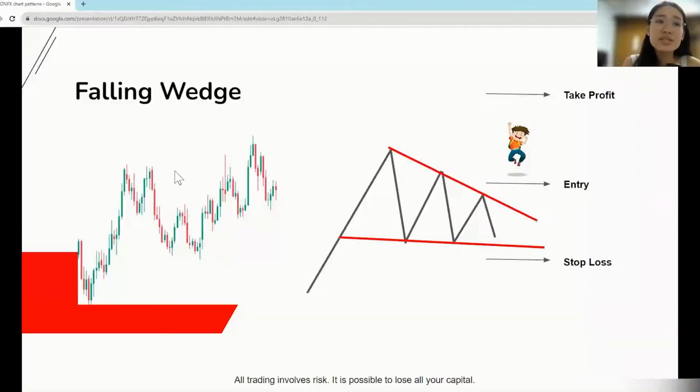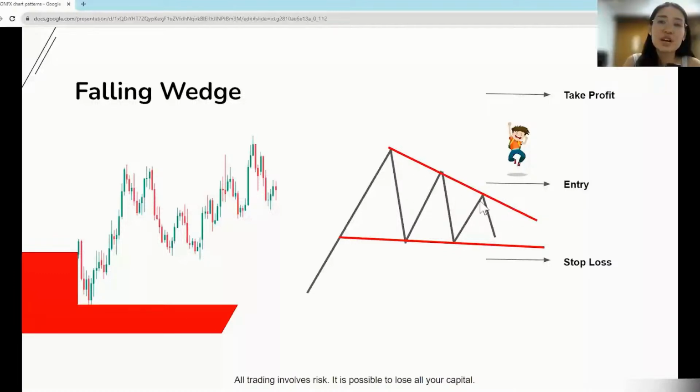Once we have this level where we have connected all of the swing highs, that is our entry level. And our take profit or target level would be slightly above that, because we're expecting price to break out of this shape, this higher resistance level.